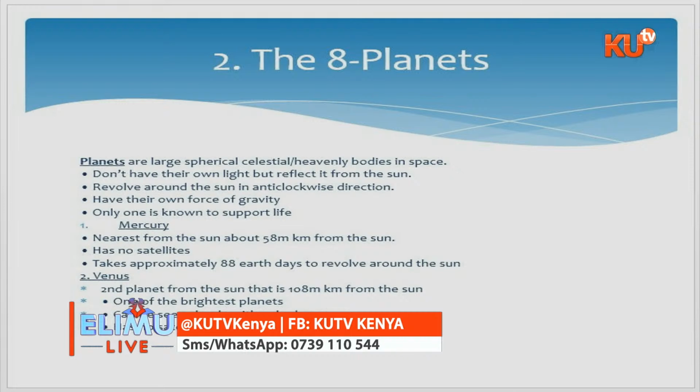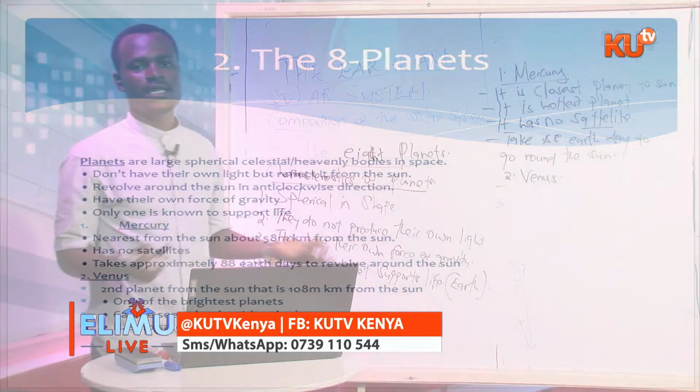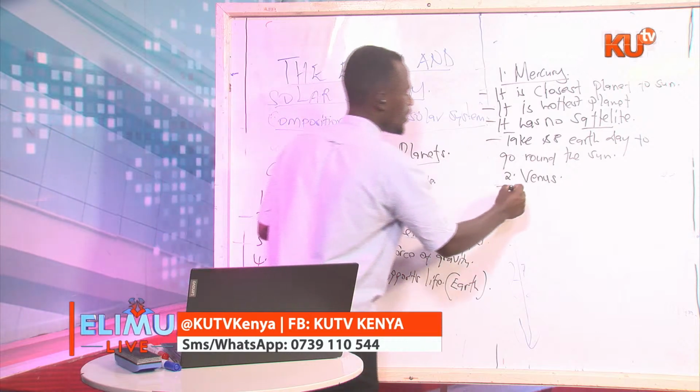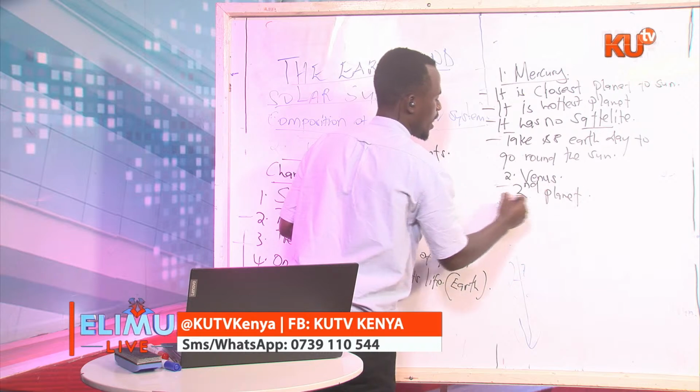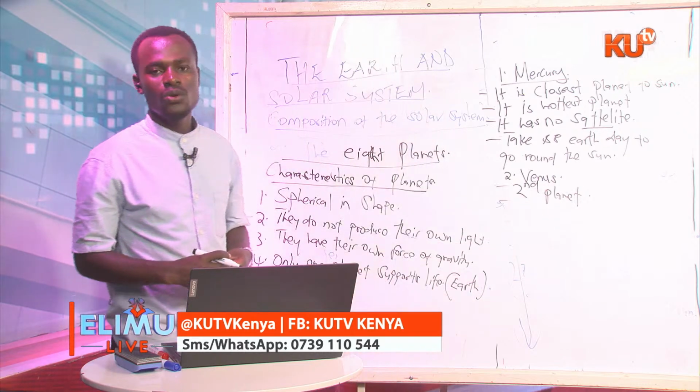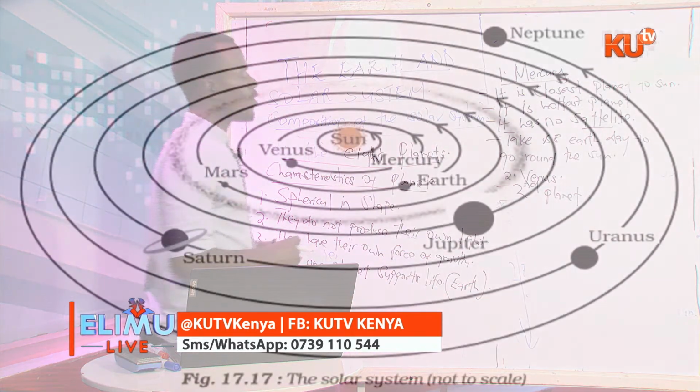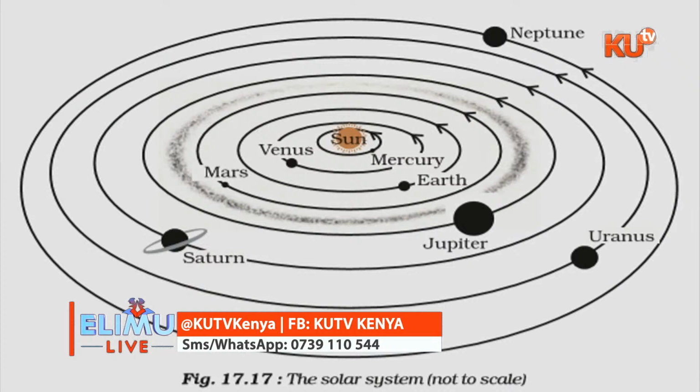Number 2, let's look at planet number 2, which is Venus. Venus is the second planet from the sun. Again, it has no satellite.